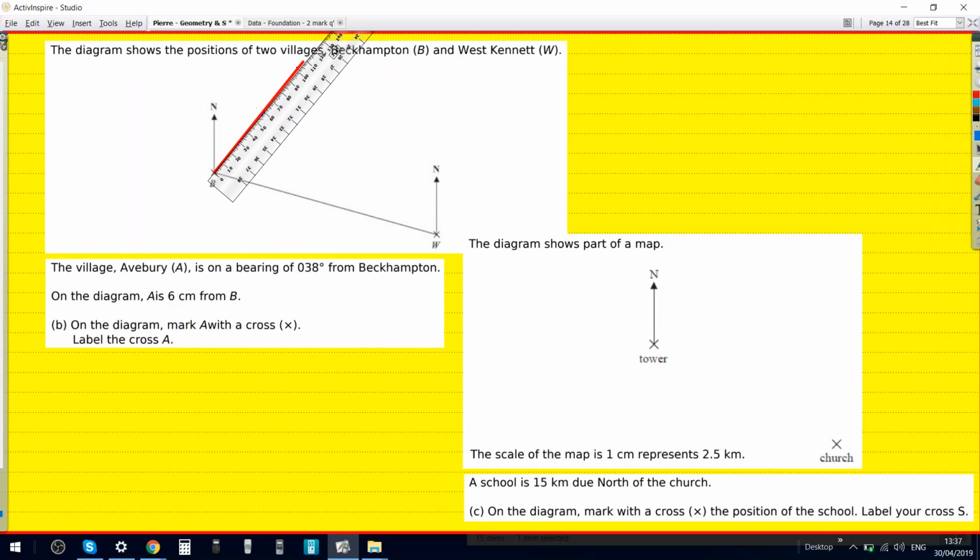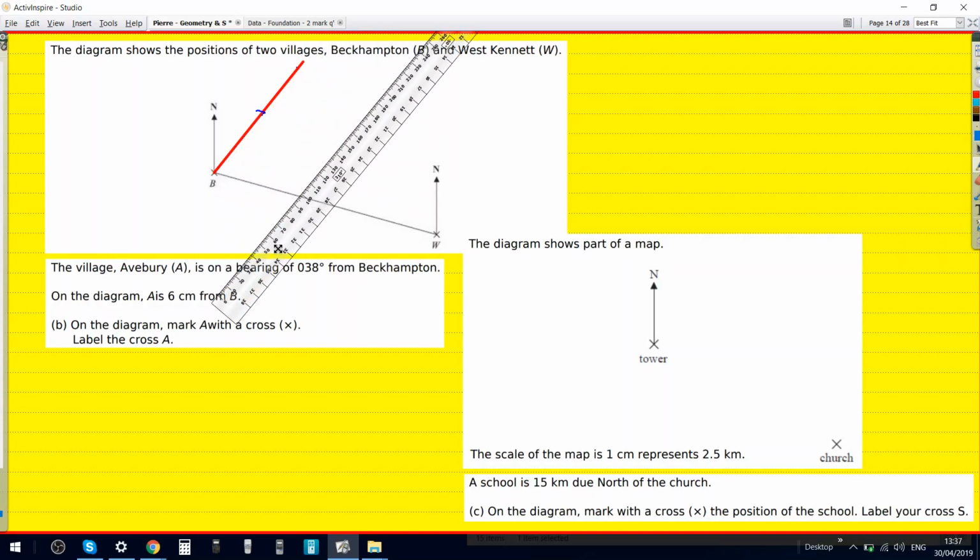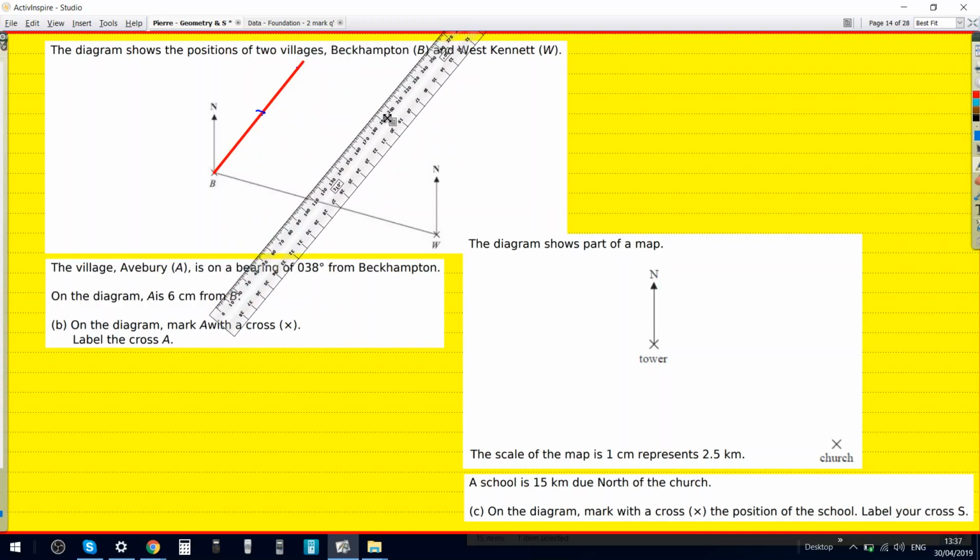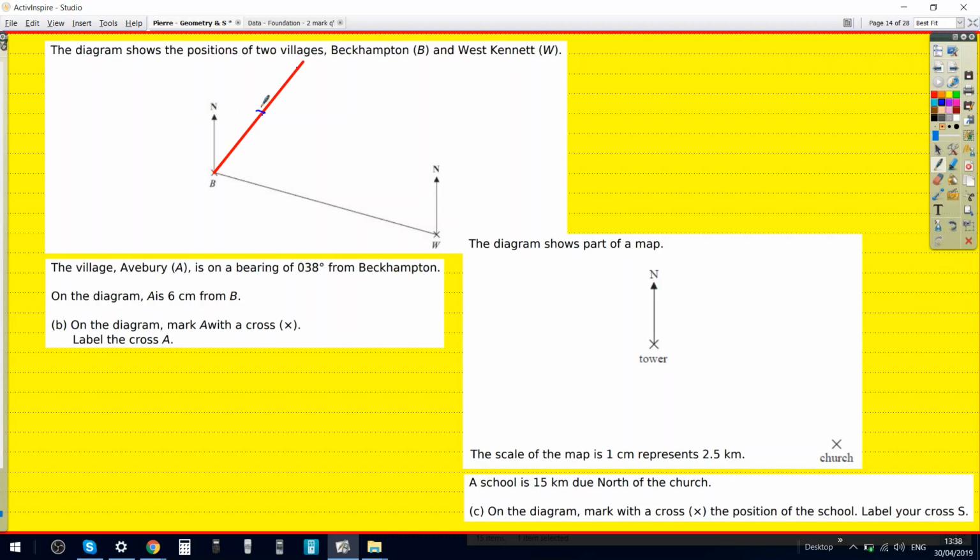And it's just there, and that's where we make our X. So if it's on a bearing, it's at that angle. And bearings are always: point north, turn clockwise, stop on the line, and they're always 3 significant figures, so 038. And so we put our X there. Okay.